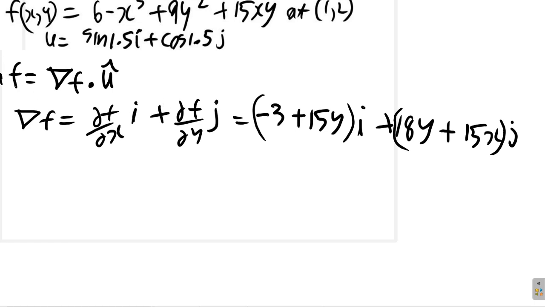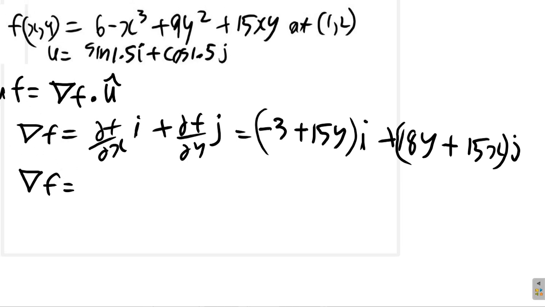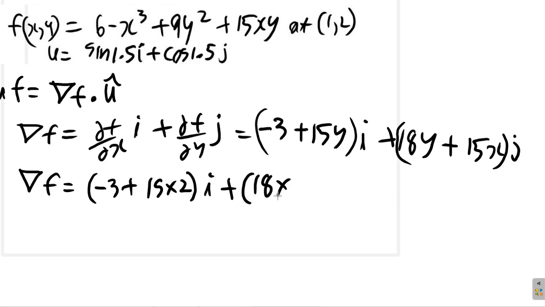So, therefore, Nabla f, oh no, it should be the upside down triangle. Nabla f is equal to, here, negative 3 plus 15 times y, which is 2, i, plus 18 times y, which is 2, plus 15 times x, which is 1, j.